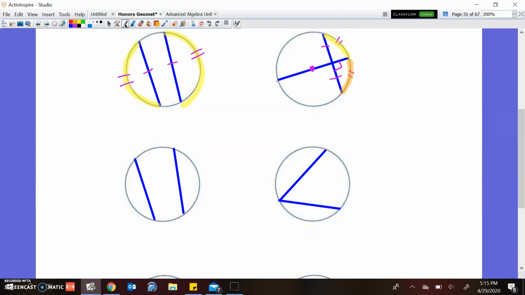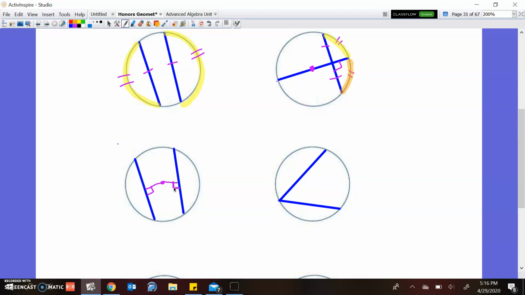All right, next, a little bit more with chords. We learned another one that said that chords are congruent if and only if they're equidistant to the center. So again, working with our center point, we compare this distance to this distance here. The way we can make sure that distance is equal, because you could make that whatever you want, is this. Let's say I draw in a segment here and it's 2 inches, and I want to draw another 2 inch segment. I can possibly do that, but the way we make sure we have two congruent segments is they have to be perpendicular to the chord. That means we're making a right angle.